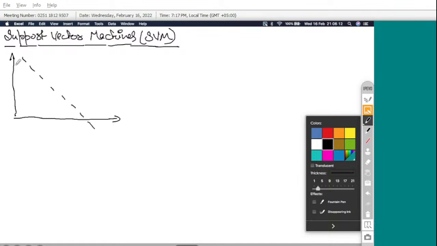I'm plotting the hyperplane first, and then I will plot the observations. Okay.